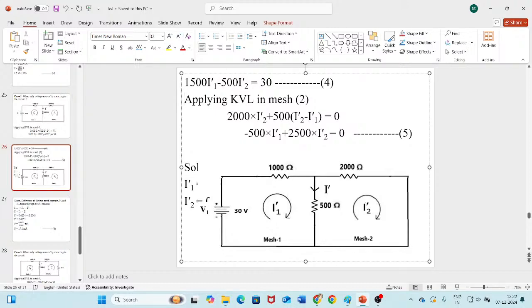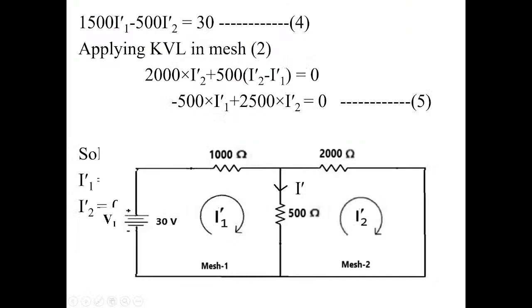So 2000 into I2 dash plus 500 into what? See, the current I2 dash is upward and I1 dash is downward.